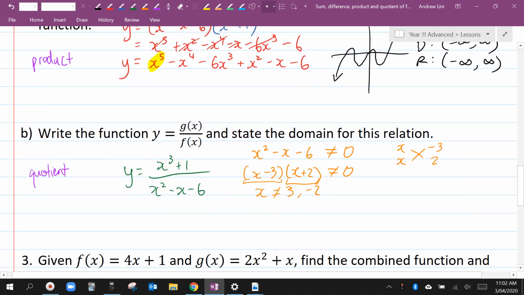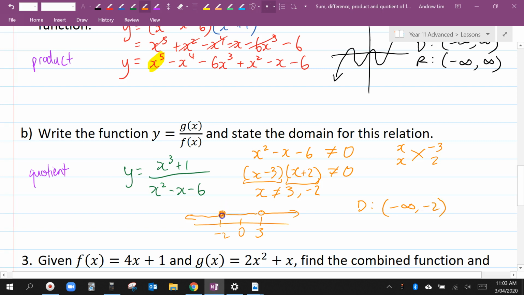So when we write that in interval notation, on our number line we'll put 0 here, minus 2 here, and 3 here. It cannot equal any of these. It's going to go from here all the way through. We can say that it's from negative infinity to negative 2, but it doesn't include it. That's why we use a curved bracket.